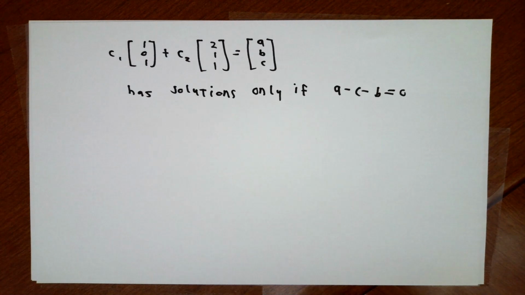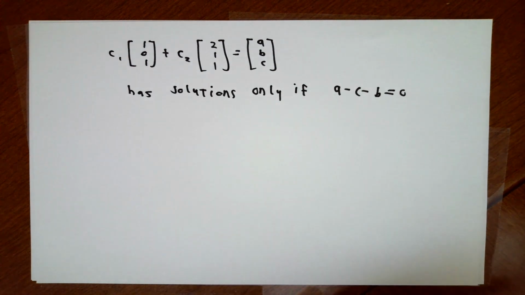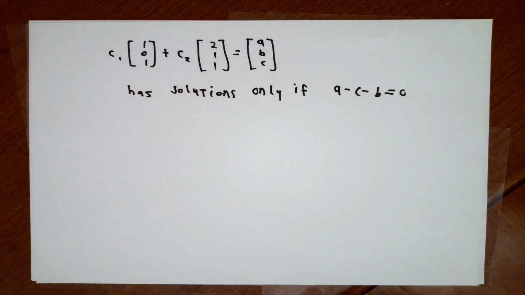Having said that, let's go looking for trouble because we now know exactly where to find it. I'm going to pick numbers a, b, and c that don't obey that equation, and I can tell you ahead of time there is no linear combination of these two vectors that will produce such a thing.